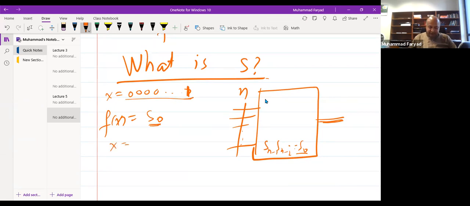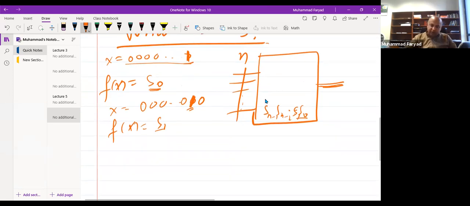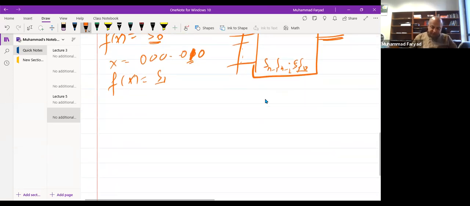In the next input, you give 00...010. Then f of x would be simply s1, because s1 into 1 is s1, and all other inputs are 0. So the output will only depend on s1, and so on with n outputs.